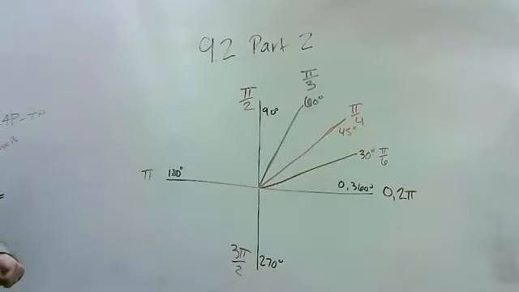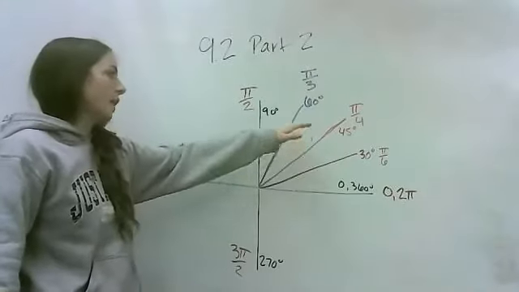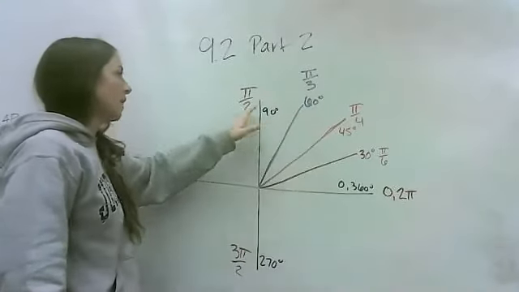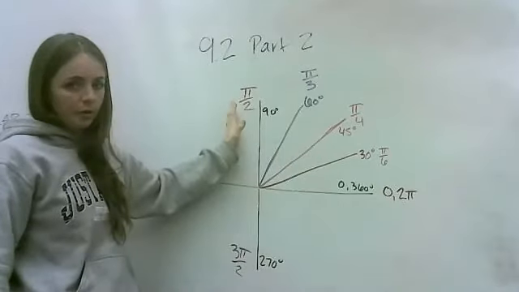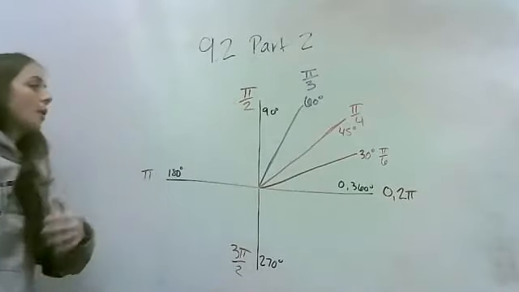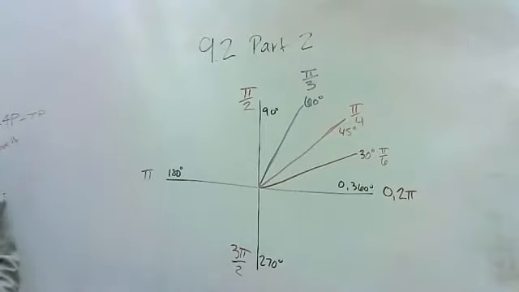So what's happening is we divide into 6, we divide into fourths, we divide into thirds, we divide into halves. All of these measures are smaller than 1/2, and all of these measures count all the way around the unit circle.